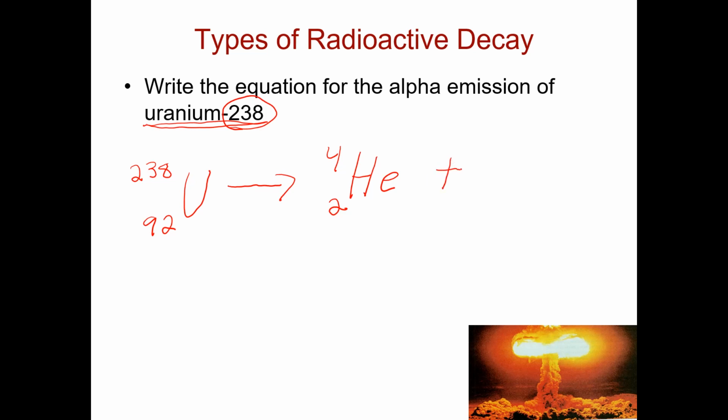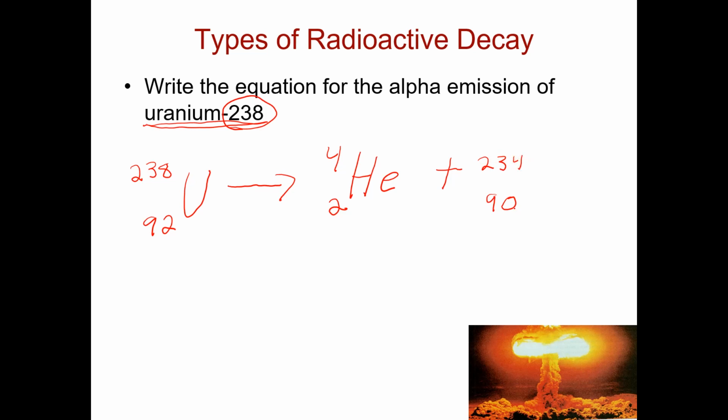So if I do that, I need to figure out what my other nucleus is. So I have to conserve matter, which means that whatever is left over has to be the remainder of this nucleus. So 92 minus 2 would give me an atomic number of 90 left. And 238 minus 4 would give me a mass number of 234.